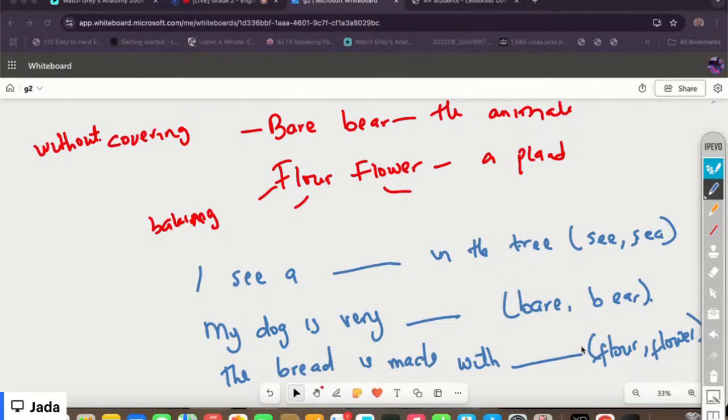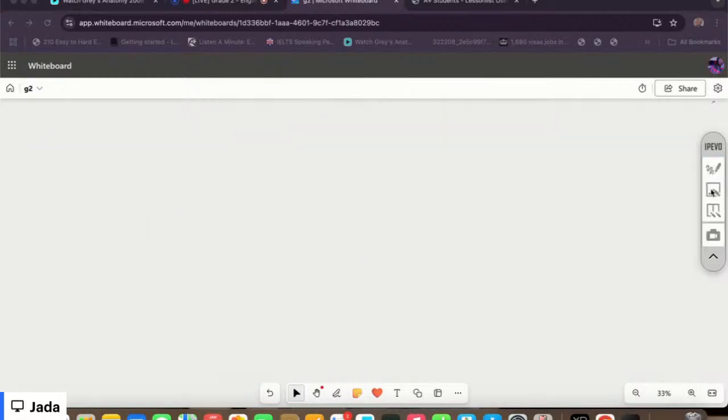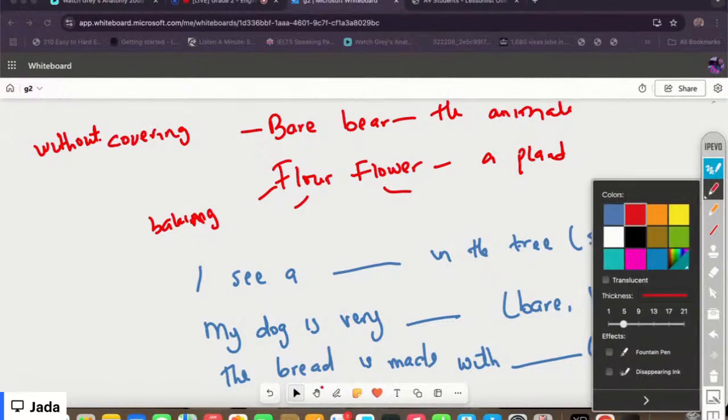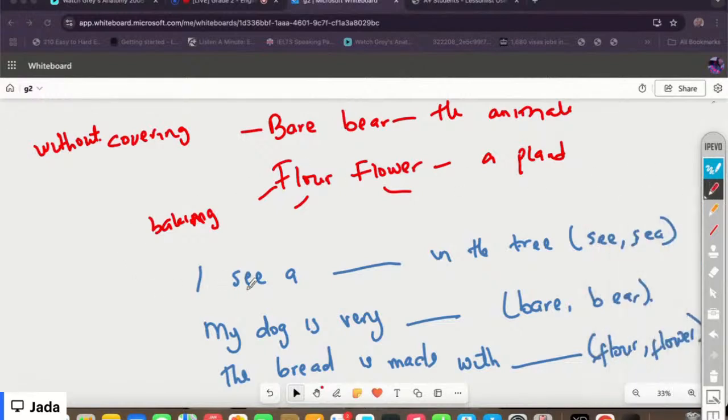Okay, so let's start with the first one. Give me the answer to all of this. "I see a dash in the tree." So is it "see" or "sea"? Is it "see" as in look, or "sea" like the ocean? Which one do you see?